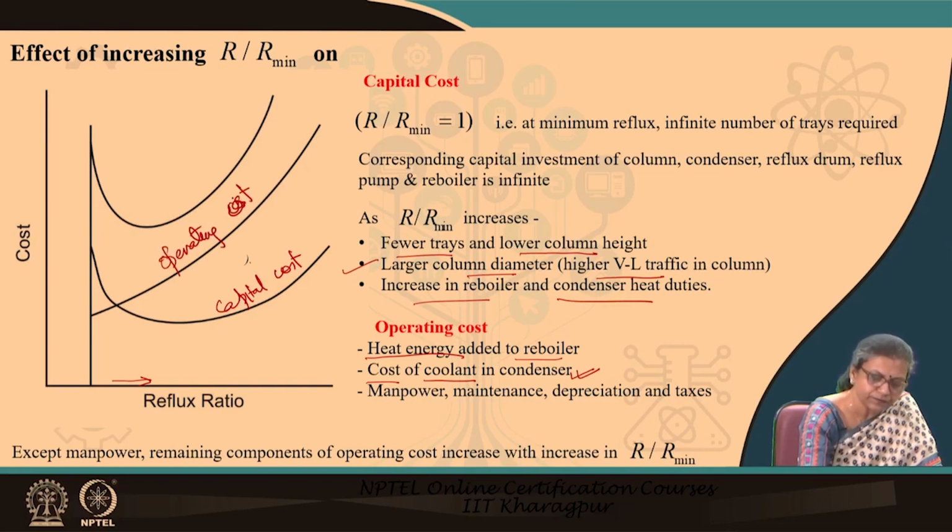So if for any particular reflux ratio we add the capital cost and the operating cost, we get the total cost of the column.